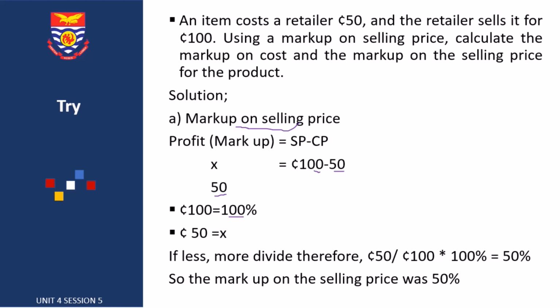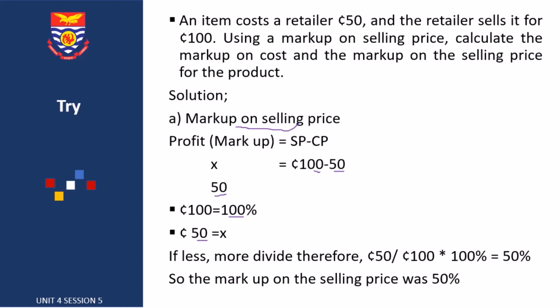Then we will also look out for the profit margin, which is 50 cedis, equal to what percentage? We don't know. If less, more divide. Since 100 cedis is bigger than 50 cedis, it is definitely going to be a lesser percentage.